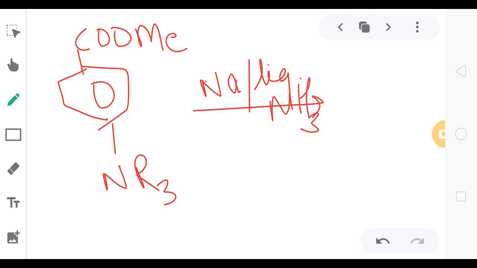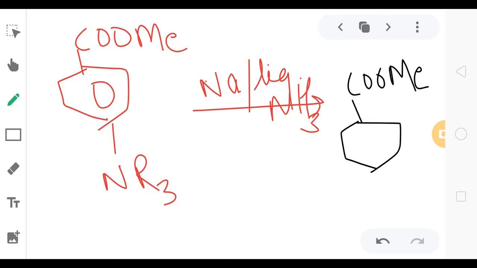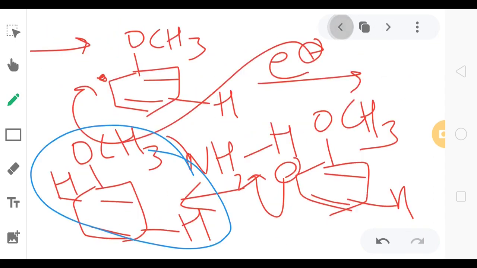You know very well that for COOMe you have to make it in this way, and for NR3 you have to make it here, which I am just marking by a dot. So both the conditions cannot be satisfied in this molecule.